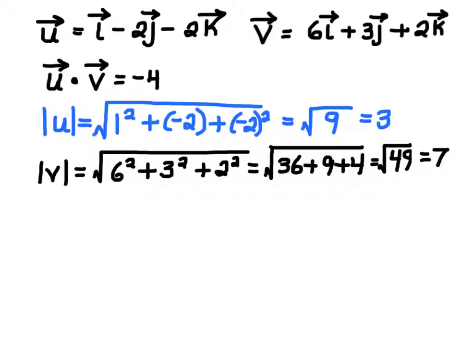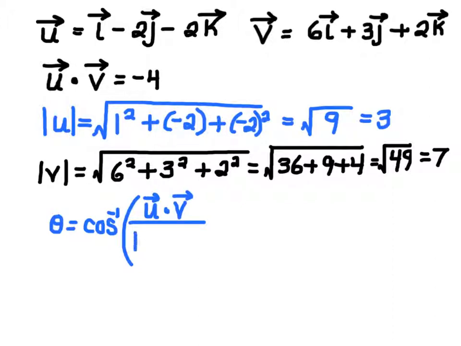And we're looking for theta. And theta is equal to the inverse cosine of the ratio of u dot v divided by the magnitude of u times the magnitude of v.